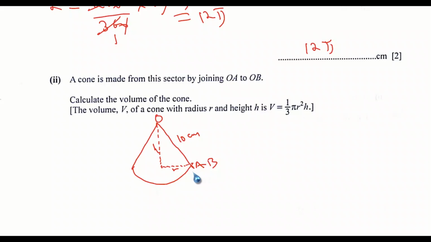We need to get the values of R and H before we can calculate the volume of this cone. The volume of a cone is given as 1 over 3 pi R square H. That is 1/3 of the volume of a cylinder. So we need to get R and H. How do we go about it?